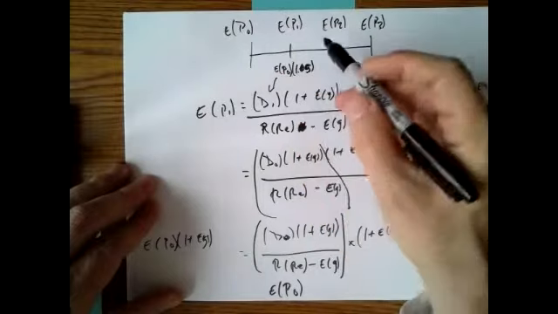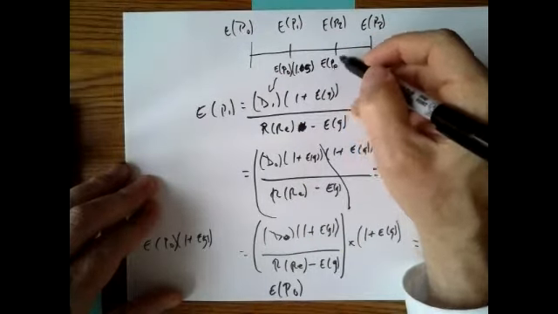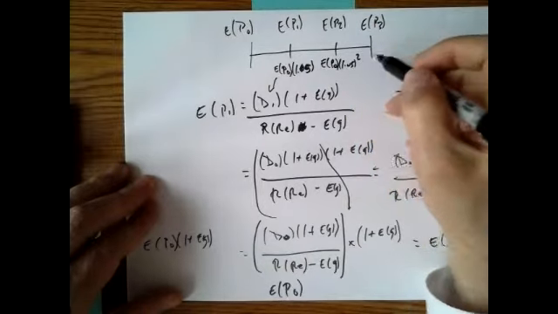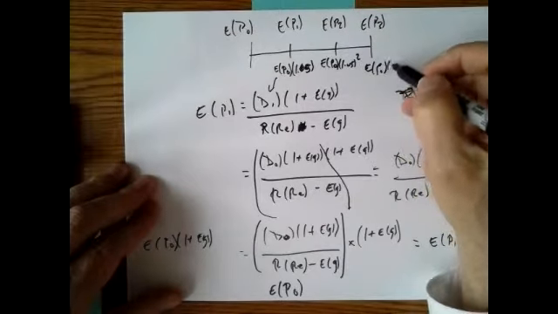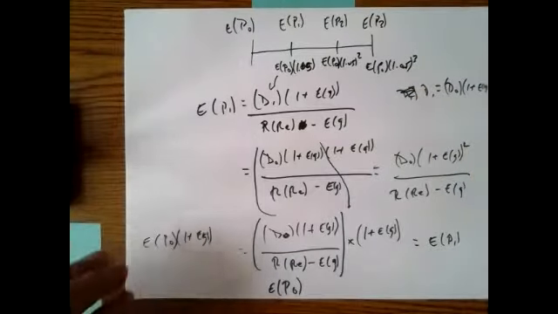EP1 is EP0 times 1.05, EP2 is EP0 times 1.05 squared, and EP3 is EP0 times 1.05 cubed.